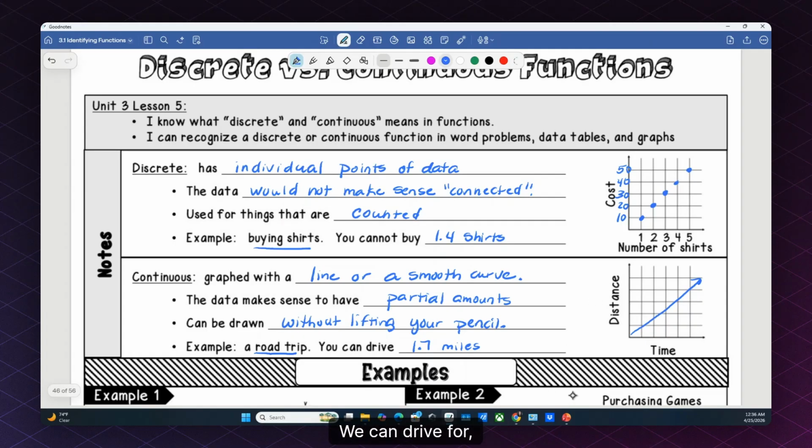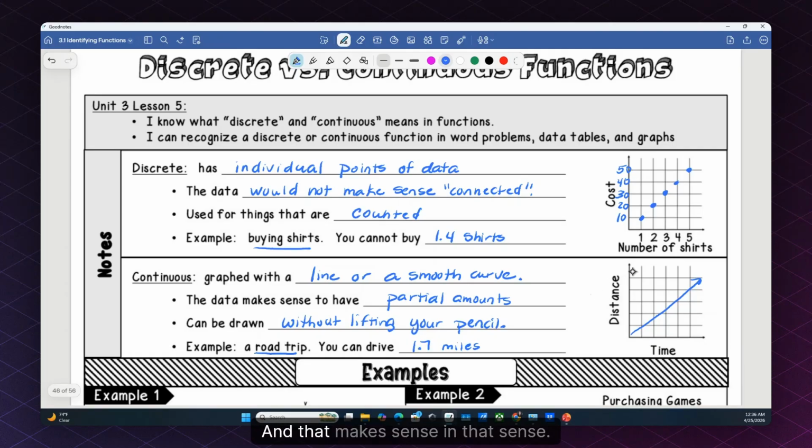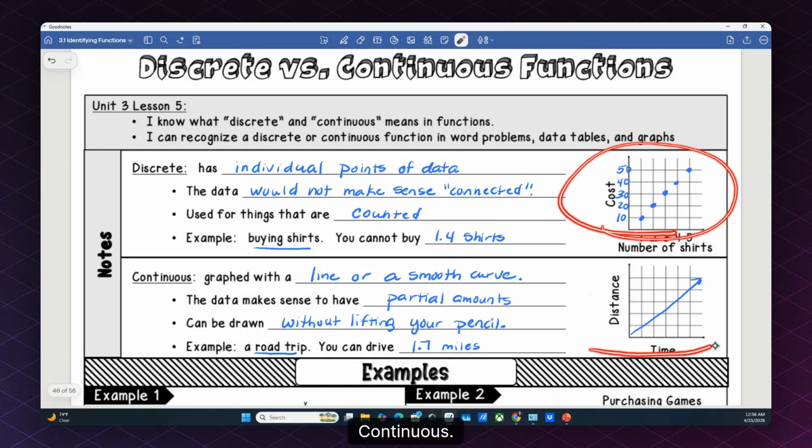We can drive for 55 minutes and 34 seconds, and in that time we might have gone 55.21 miles. We can have partial amounts, and that makes sense. So discrete is going to have points like this. Continuous is going to be something like that.